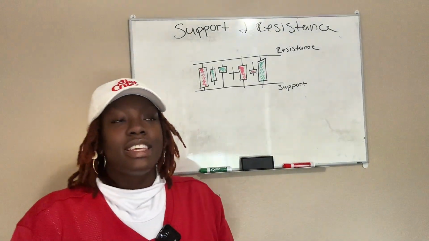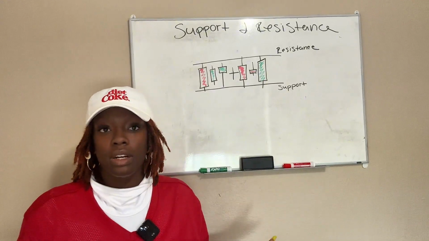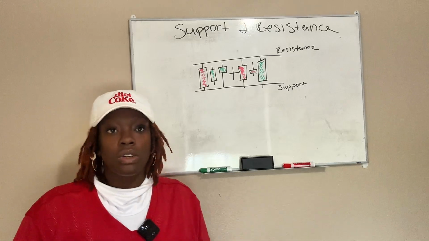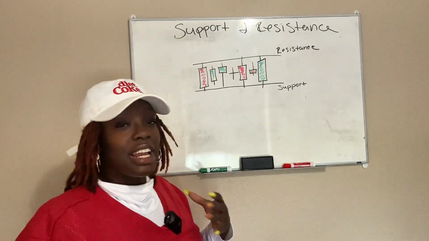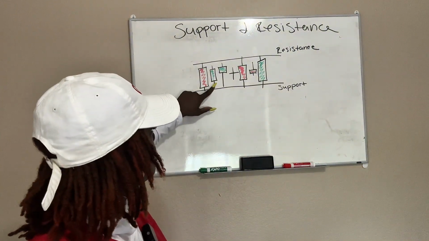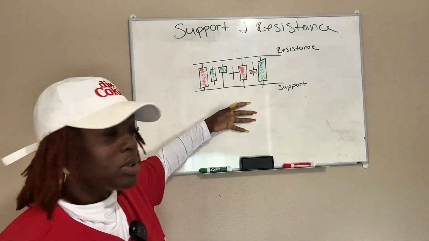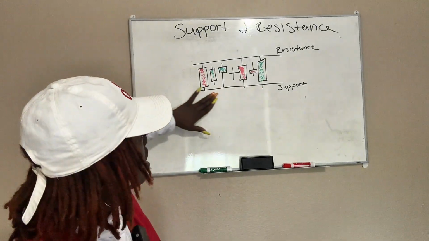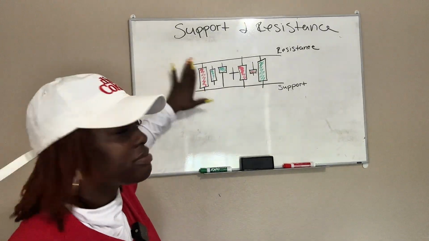Now, this is why the body of the candle is most important to me. Some people like just the wicks or things like that, but I'm more of a body type of trader. I say that because you see we have these wicks. That means it tapped these areas, but nothing came through. That just means there's some strength here. And if it's a support and we want to go up, who is going up?